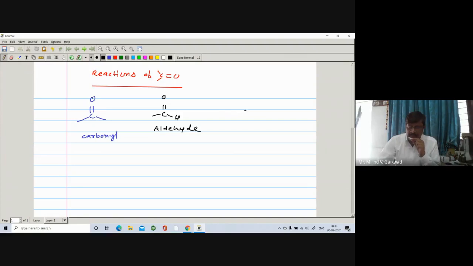And when the other valency, or both valencies, are satisfied by an alkyl group or aryl group, that is, other than hydrogen, then it is called a ketone. So we will see the reactions of aldehydes and ketones.